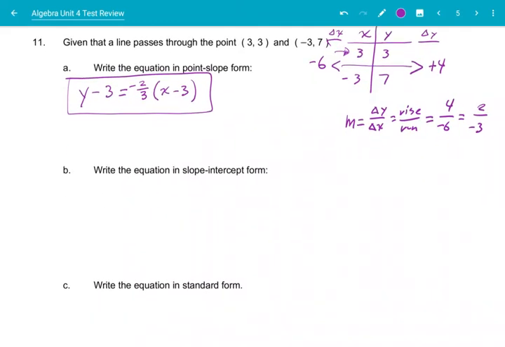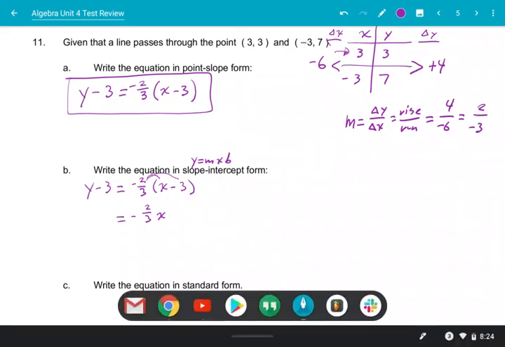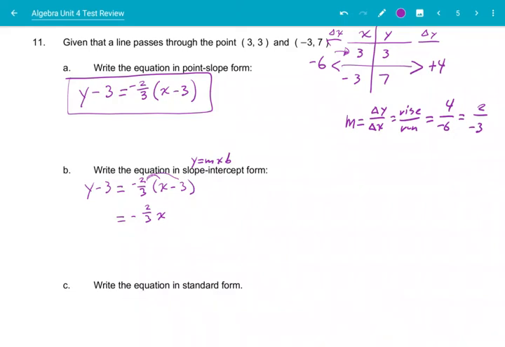And looks like we need to write it in slope-intercept form as well. So we just distribute. y minus 3 equals minus 2/3 x minus 3. Okay, we just distribute that first. Minus 2/3 x. Let's see, a minus 2/3 times a minus 3. Well, we're multiplying by the denominator, so that just cancels the bottom out.